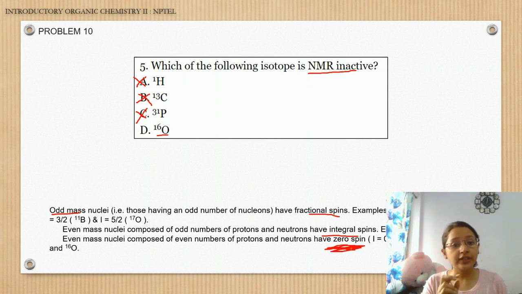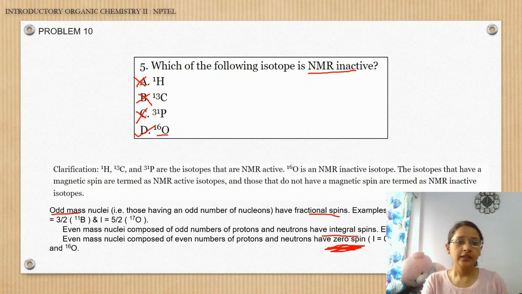If it has zero spin, then it is NMR inactive, not an active species, because it is not going to align in the external magnetic field. It is not going to give you a peak or anything. Nothing is given by this 16O isotope. So it is the correct answer. One can say that 16O is NMR inactive because the magnetic spin of this species is zero.